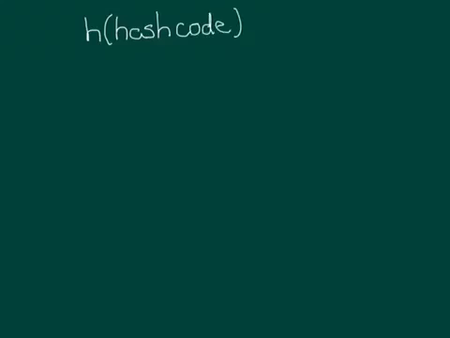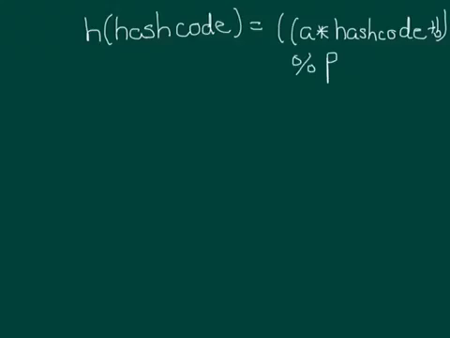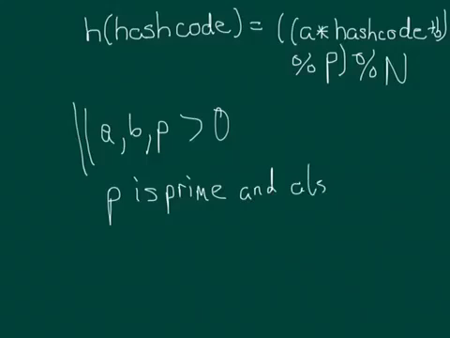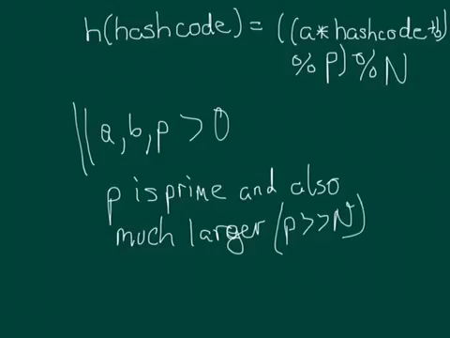H of hash code is equal to a times hash code plus b, and all of this is modded by p, and that's all modded by some number N, where a, b, and p are positive numbers, and p is prime, and also much, much larger than capital N. Or in other words, p greater than N, which I'll be reusing that notation in the future.